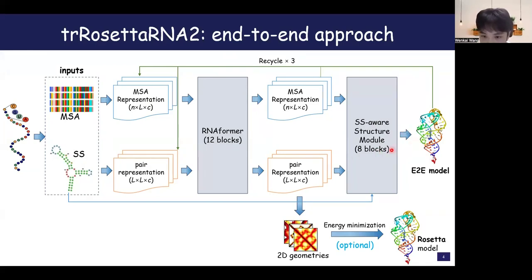In other words, it enables end-to-end prediction from sequence to structure. This 4-atom end-to-end training significantly improves our performance. Meanwhile, the energy minimization based on the predicted 2D geometries is still applicable, which is useful when the end-to-end model has serious structural violations.